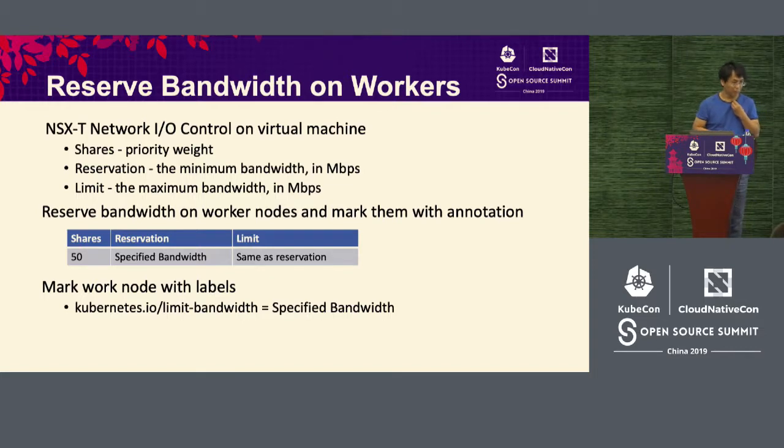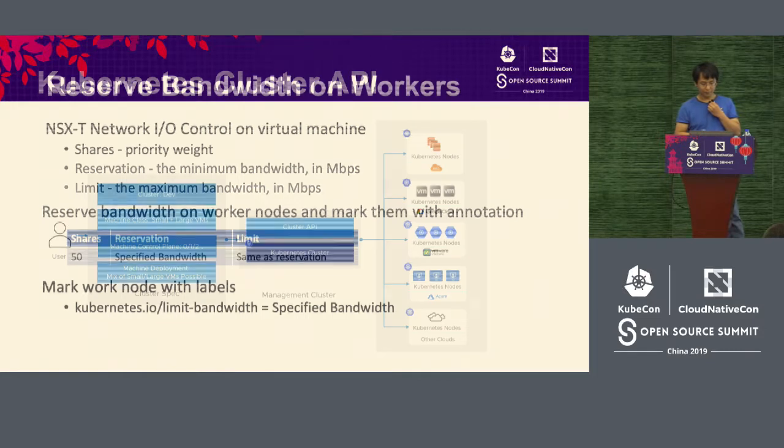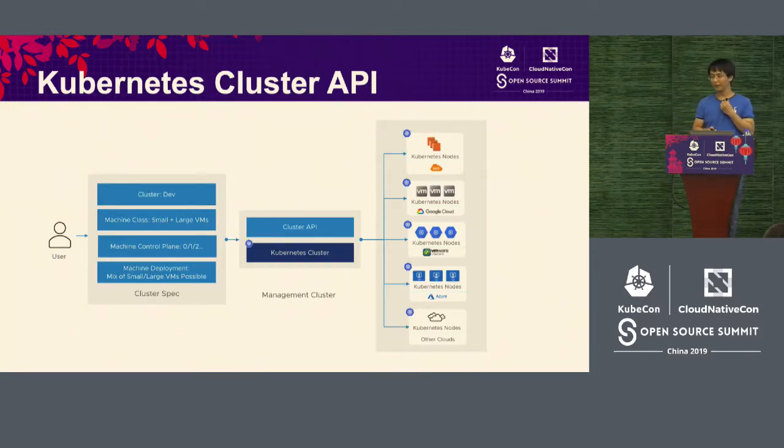In virtualization or in the cloud, it's not only about running Kubernetes, it's also about running other applications, so there is a problem of weight. And reservation and limit should be set to the same value. Then we can guarantee that we reserve the same bandwidth. And in the nodes, we should add a label to illustrate the maximum amount of bandwidth this node can support.